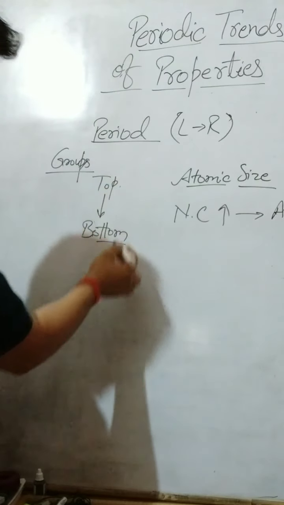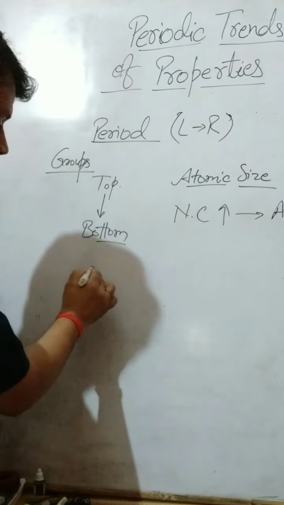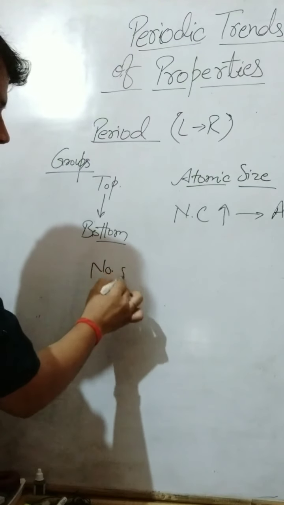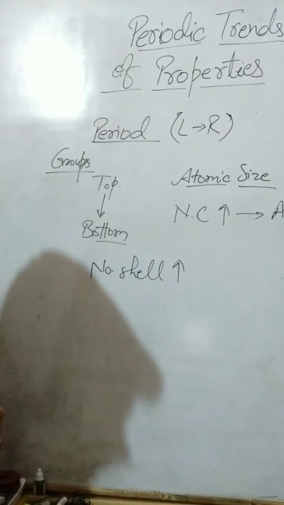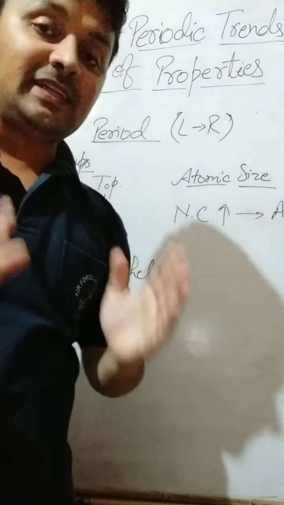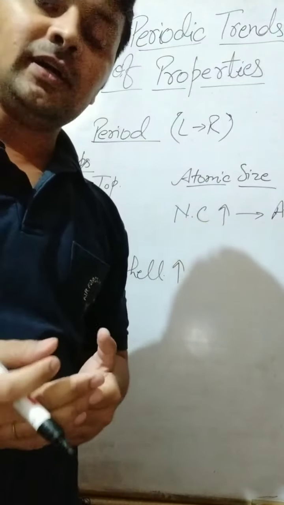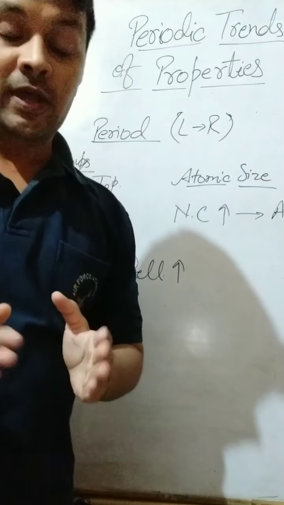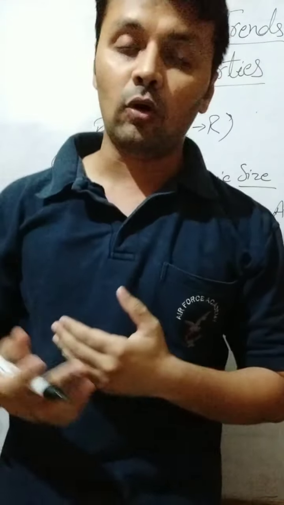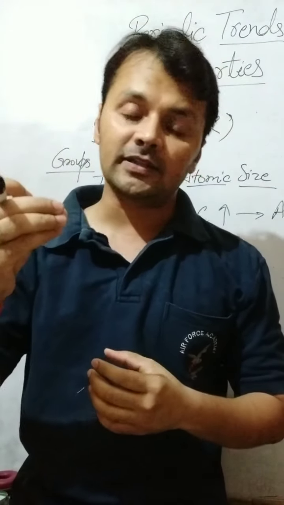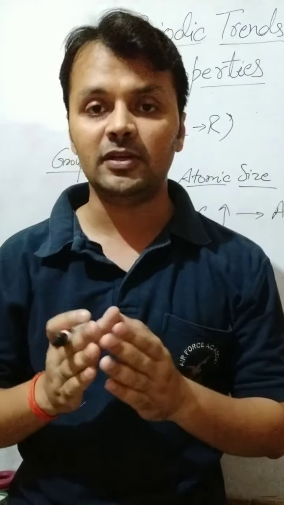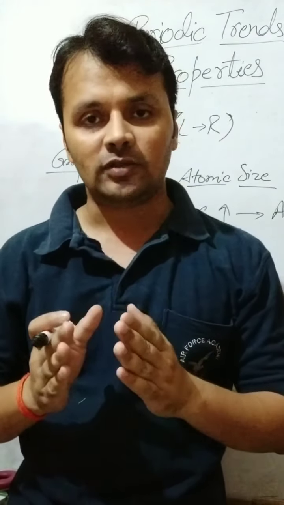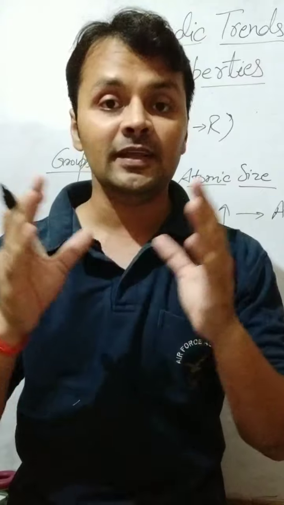But when we go from top to bottom, the number of shells increases, and when the number of shells increases, they overcome the effective nuclear charge. Because when there are more shells, the electron is farther away, and the farther the electron, the less the electrostatic force between nucleus and electrons. Clear? So the atomic size will increase.